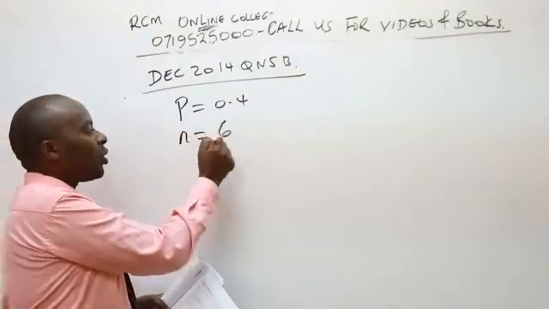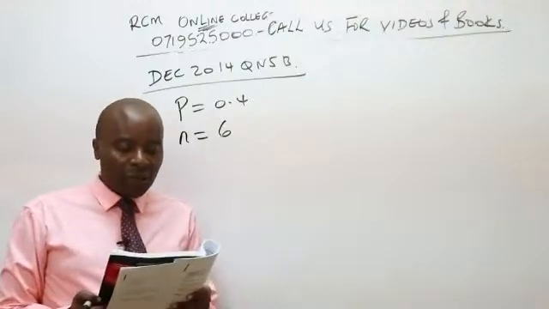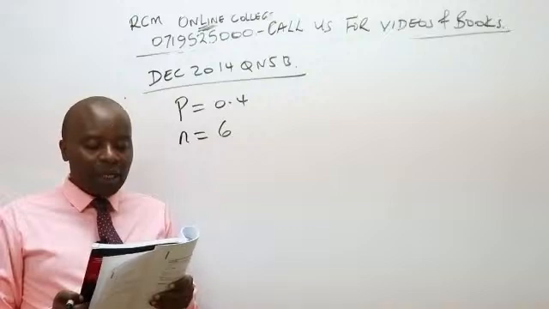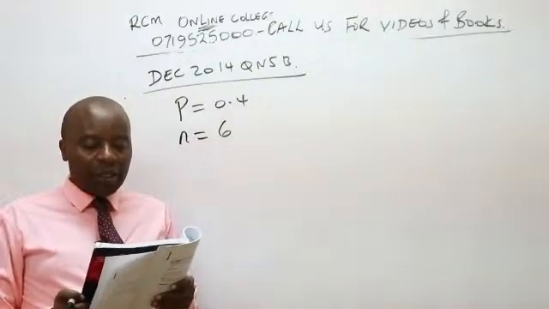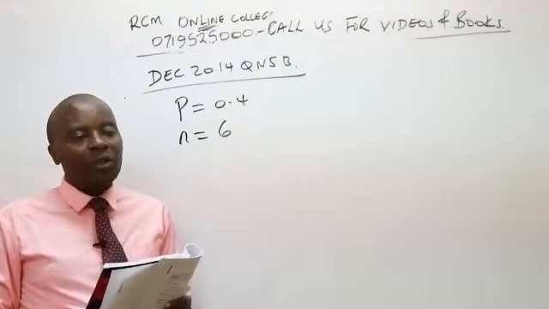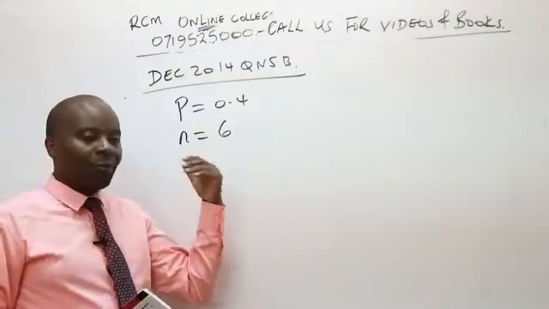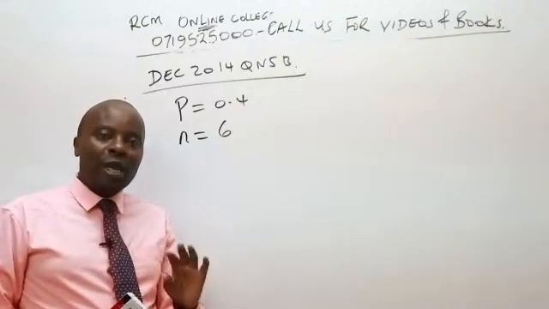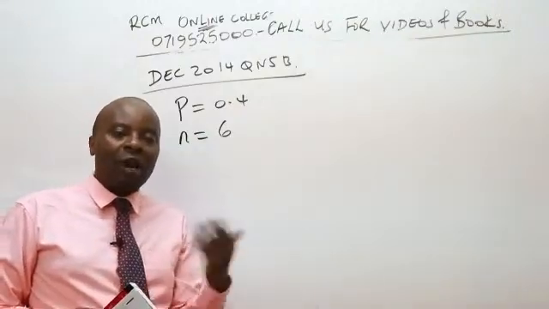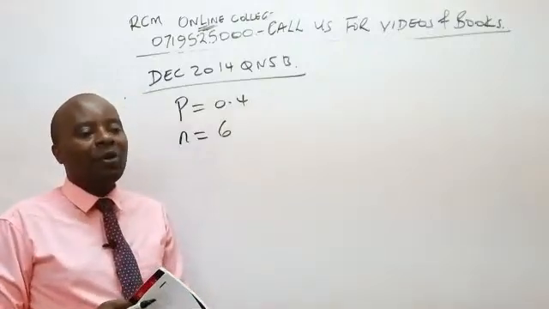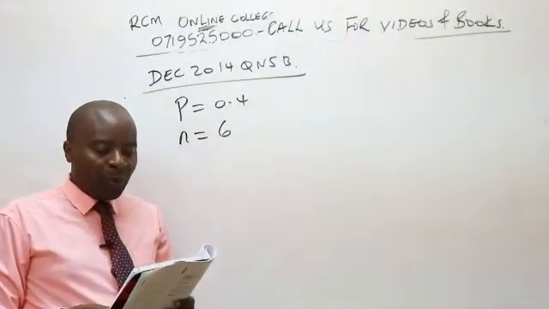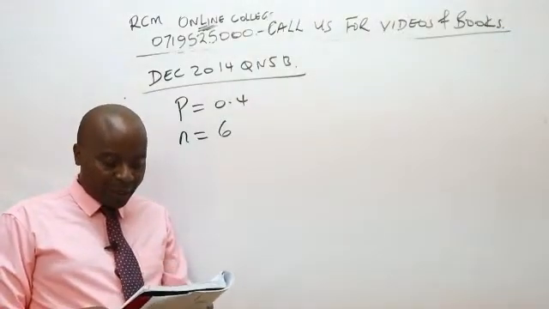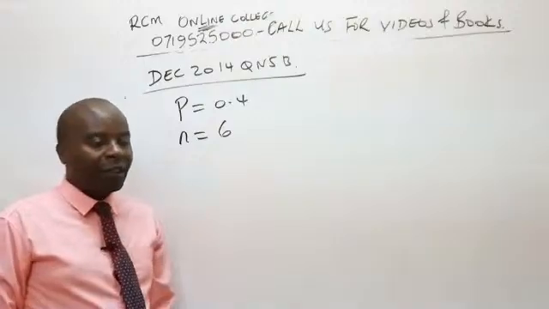So our N here is 6. The probability that only one household was affected is too huge, 40%. And given that we have only 2 possible outcomes, you are either affected or not affected, the better model to use to ascertain these probabilities will be the binomial model.